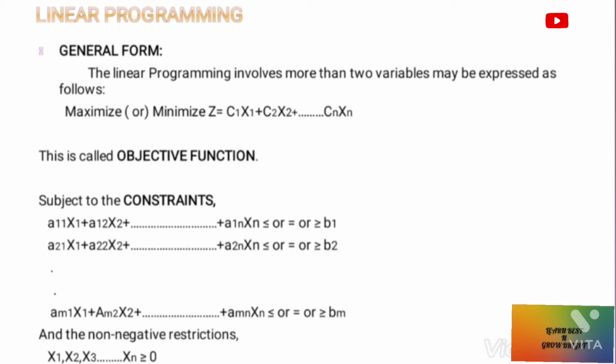This extends to am1 x1 + am2 x2 + ... + amn xn less than or equal to, or greater than or equal to, bm, and the non-negative restrictions x1, x2, x3, ..., xn greater than or equal to 0.